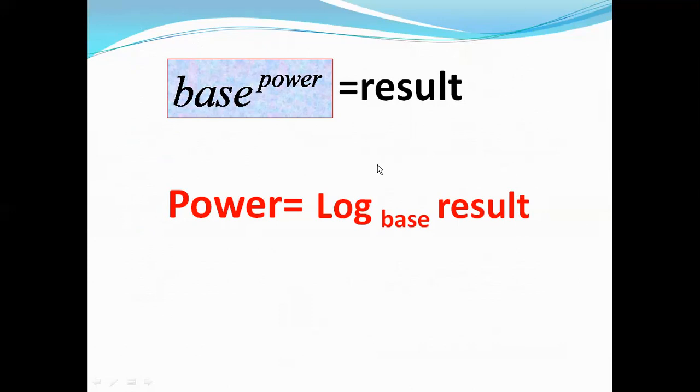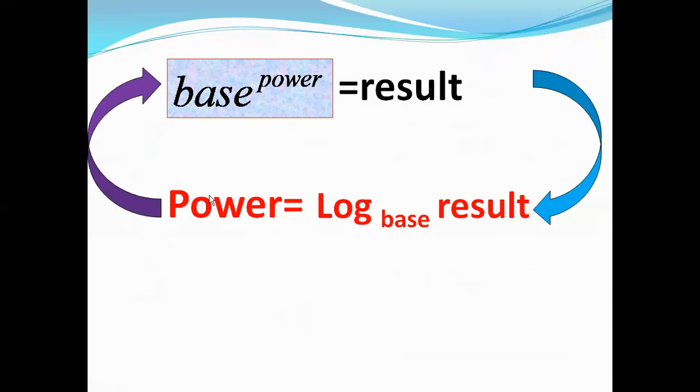So this is logarithmic form. This is exponential form, and this is logarithmic form. First we have to identify in the exponential form what is base, what is power, what is result, and in the logarithmic form, what is power, what is result, what is base. So this is exponential form to logarithmic form.